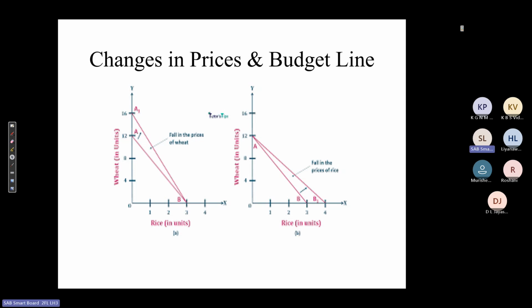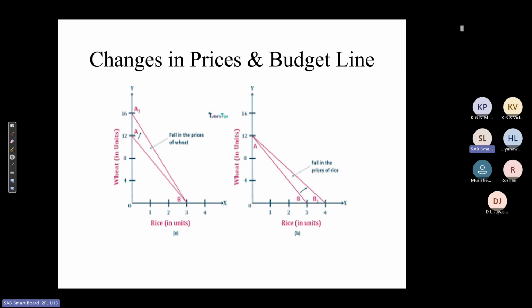Money income does not change, but the price of wheat decreases, say from W0 to W1. So if there is a decline in the wheat price, he can consume more wheat.